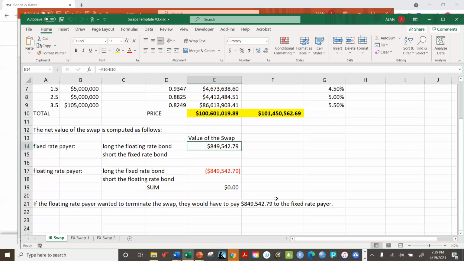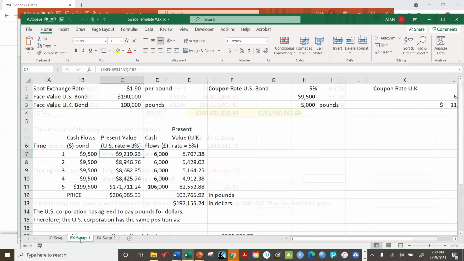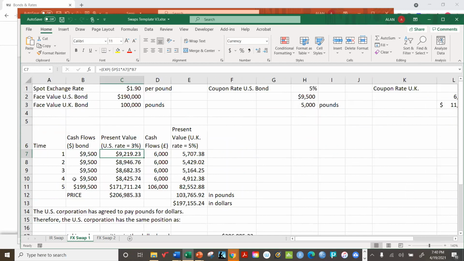Therefore, they're ahead. The floating rate payer must be the opposite. Whoa, that was complicated. Now, unfortunately, the next one is maybe even a little bit, maybe not. It depends. Oh, these are the foreign exchange swaps.